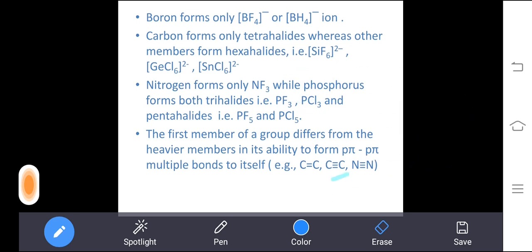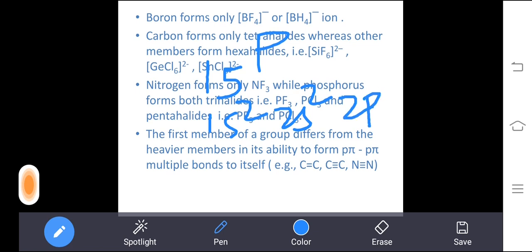But phosphorus can form trihalides as well as pentahalides. The reason: the atomic number of phosphorus is 15, so 1s2, 2s2, 2p6, 3s2, 3p3.